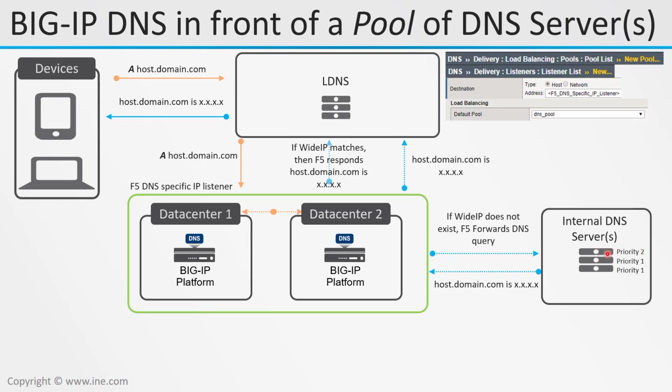If this server goes down, it'll start using both priority 1 members. We'll talk a little bit more about priority groups as well, but this is just a little tease before we dive into that feature.